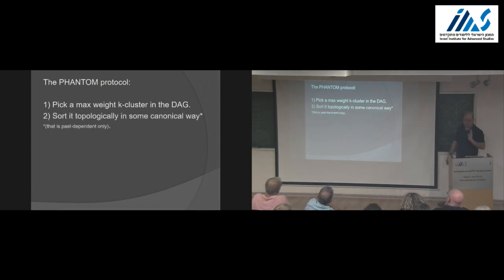And then you sort it topologically in a canonical way. You get the topological sort of that set. It doesn't matter what the topological sort exactly is, as long as everybody who has the same structure does the same sort. And that's it. You're done. That's a linearization of the causal order.